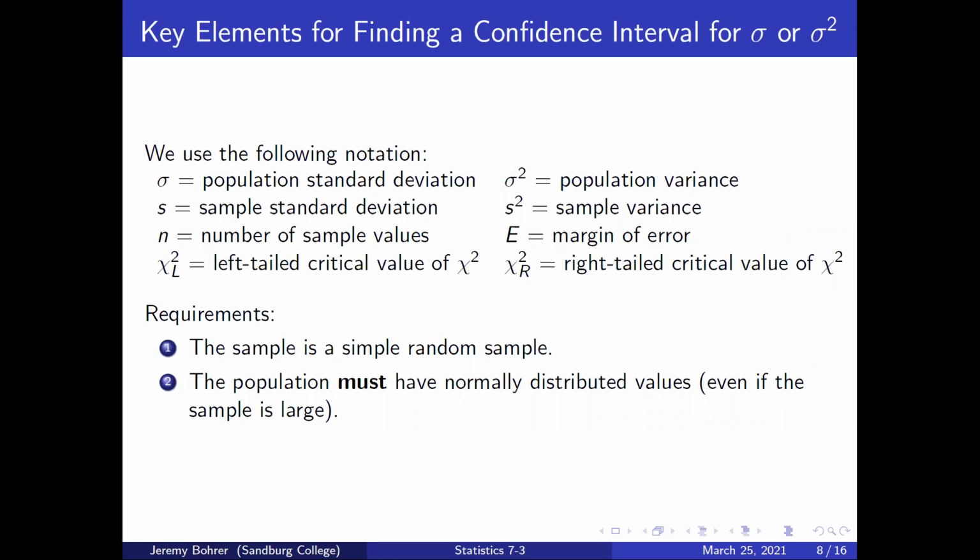Chi-squared sub L is the left-tailed critical value of chi-squared, and chi-squared sub R is the right-tailed critical value of chi-squared. The sample is a simple random sample, and the population must have normally distributed values, even if the sample is large.